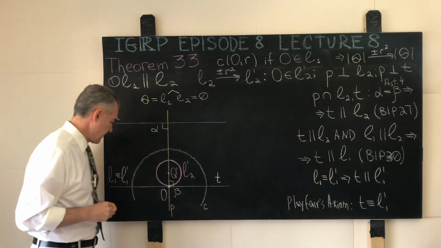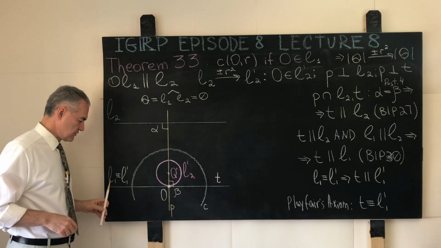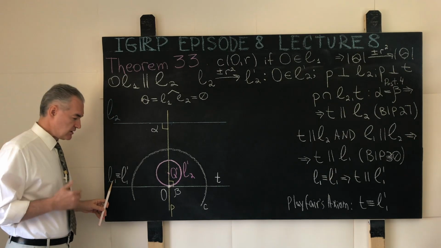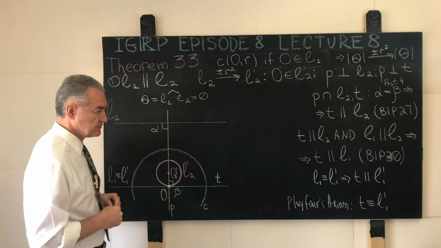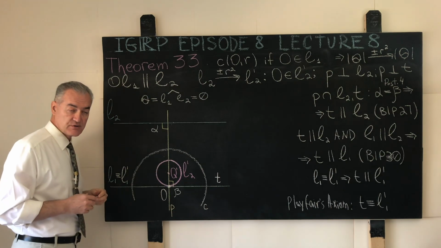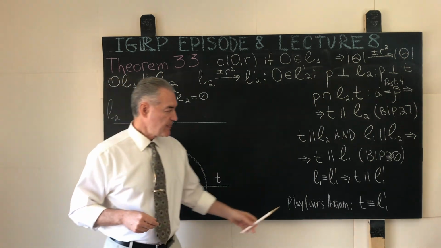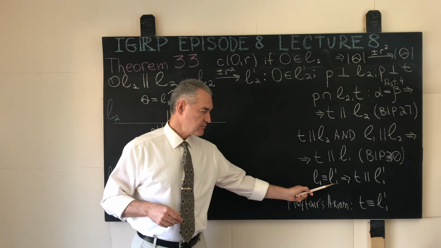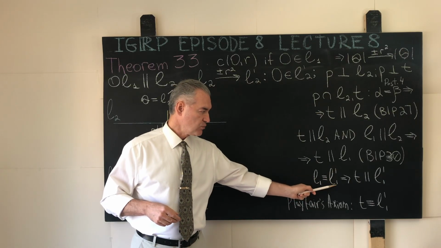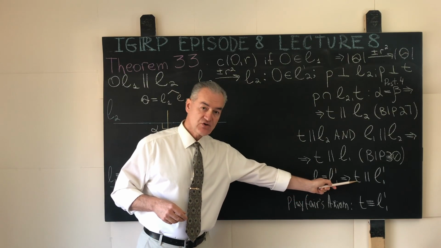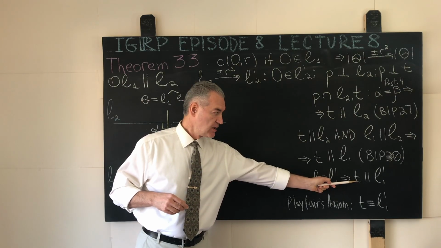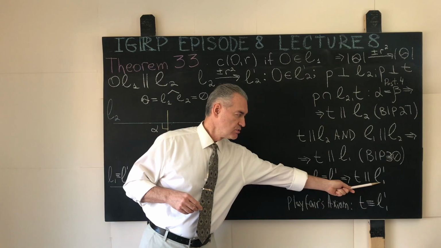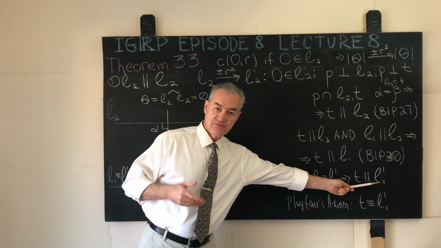This is the pre-image straight line L1. But we already proved, according to theorem number 9, that this straight line L1 is the same as its image L prime 1, which means that our tangent to the image circle, the red circle L prime 2, is parallel to the image of the given straight line.